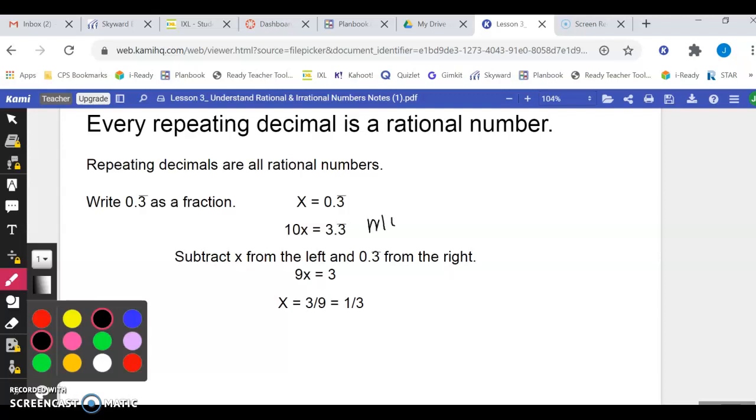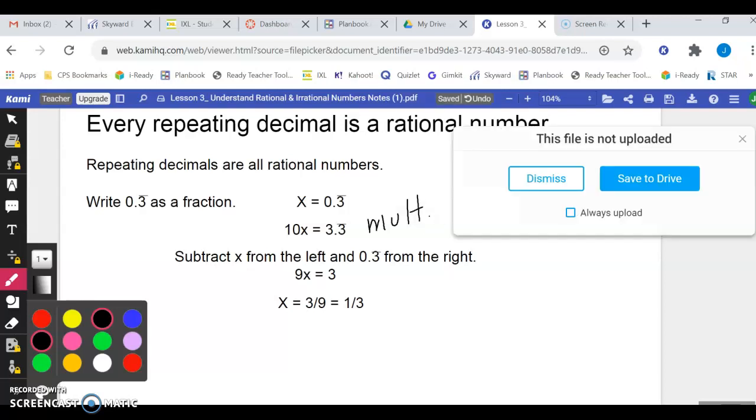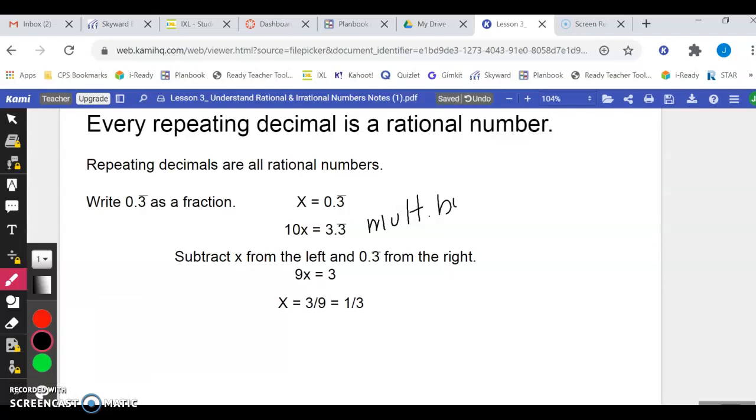So multiply by 10. That's where we get 10x equals 3.3 repeating. Then you're going to subtract x from the left and 0.3 repeating from the right. So 10x minus 1x would leave you with 9x, and 3.3 repeating minus the 0.3 repeating would just leave you with 3.